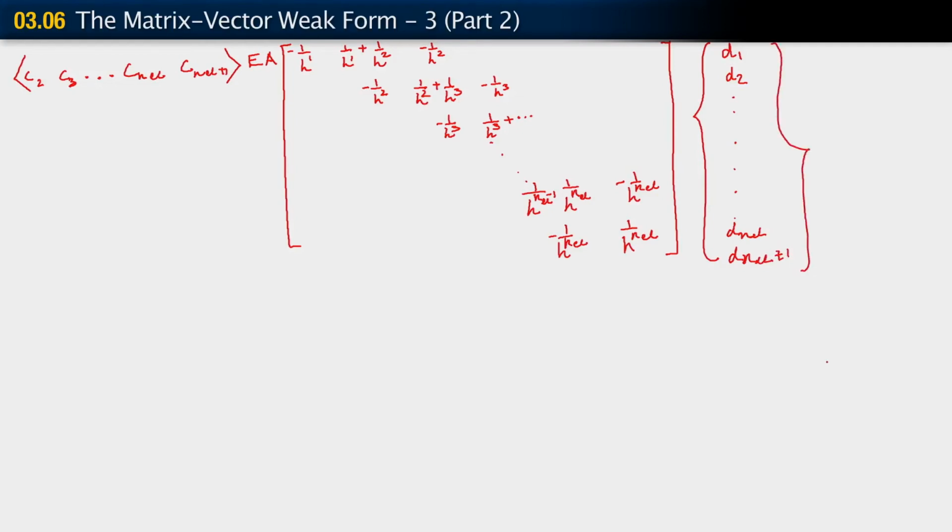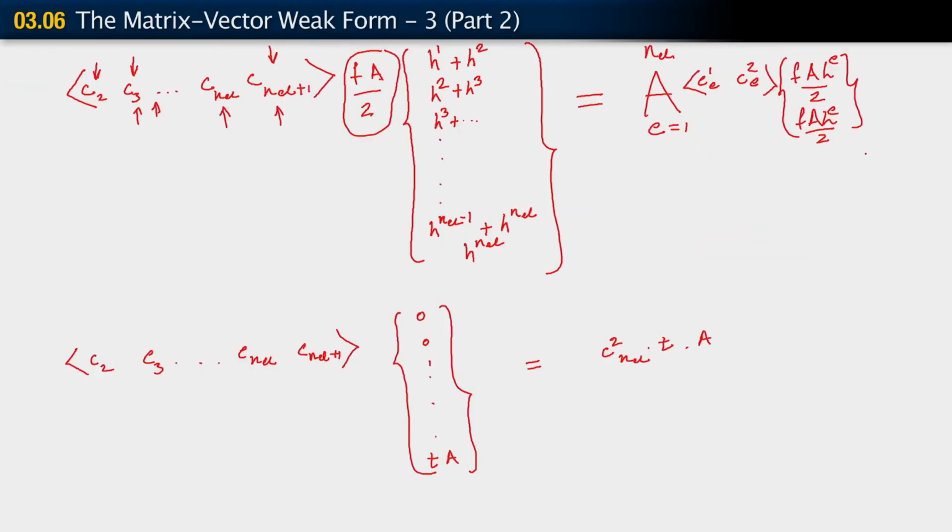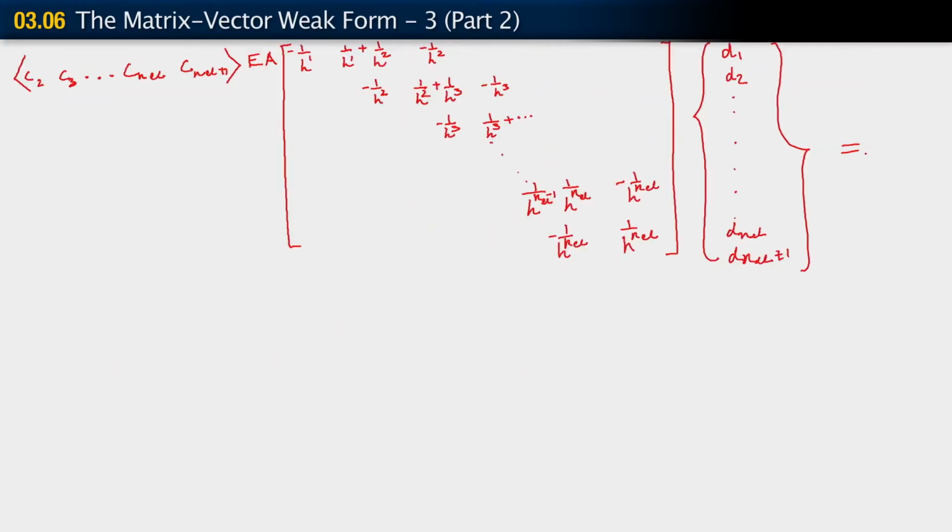These are all the contributions coming to us from the left-hand side of our finite dimensional weak form. And they are equal to terms that came from the right-hand side from the forcing function as well as the traction. All right? And in order to get those together, let me just go back to this slide, our previous slide, and make sure I save it so I can work off it, and then I can come back to where we were.